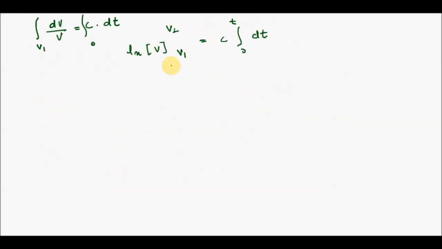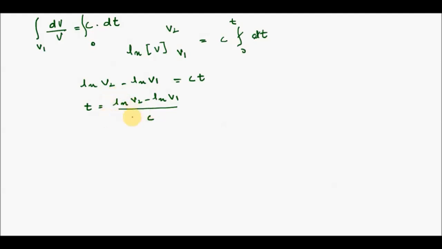Now this is nothing but ln of v2 minus ln of v1, and here d and integration will cancel out and you'll be left with simply c into t, right? So the time taken by the particle to reach from A to B will be t equal to ln of v2 minus ln of v1 over c, right?